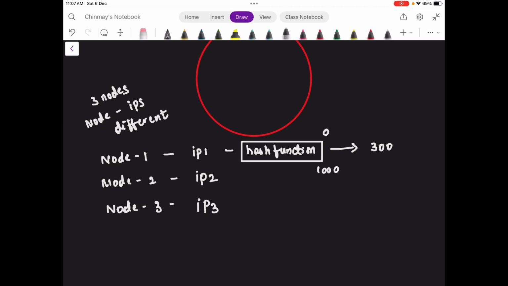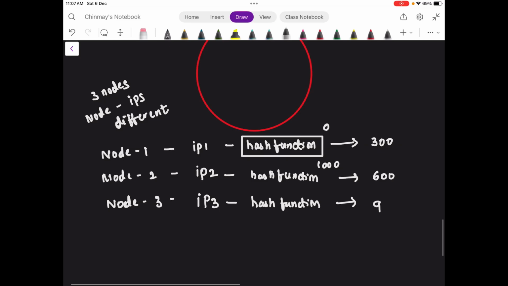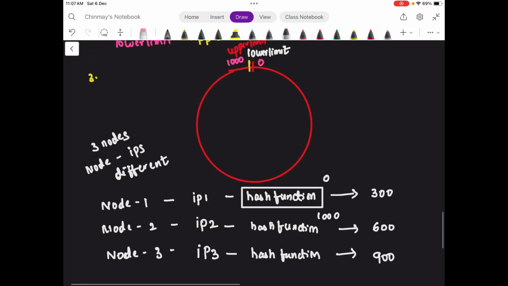Again, IP2 goes through the hash function and gives a value of 600. Again, IP3 goes through the hash function, which gives a value of 900.